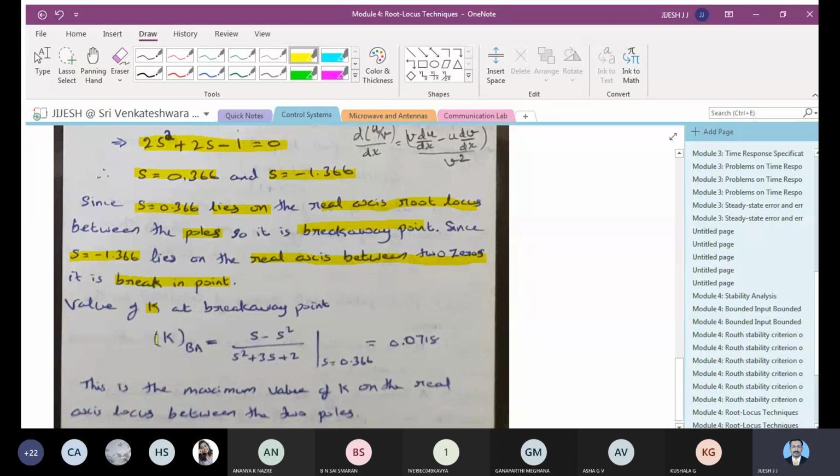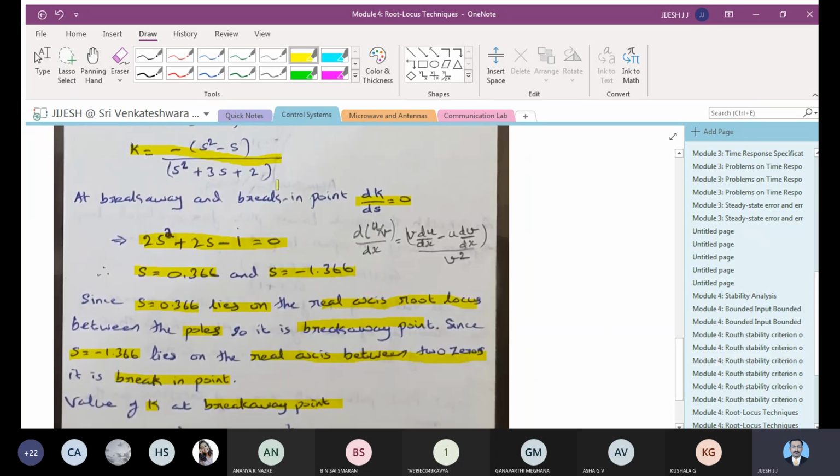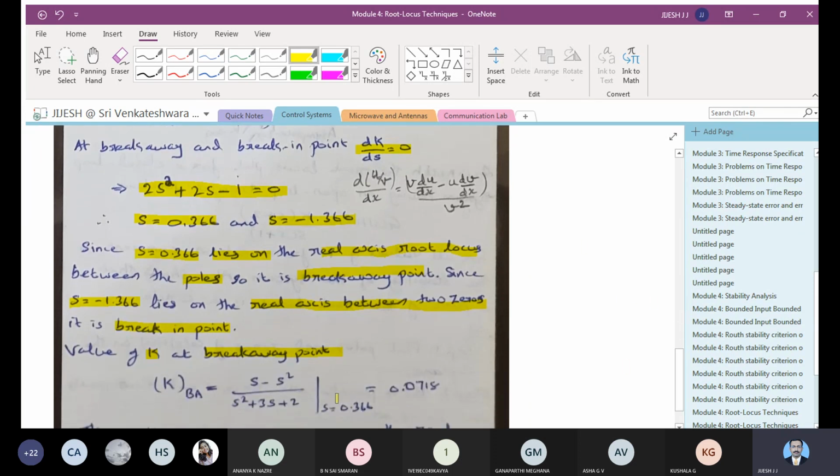Now you are going to find out the value of K at the breakaway point. How to do that? You take this equation, K equal to minus of (s square minus s) divided by (s square plus 3s plus 2). Use that equation and substitute s equal to 0.366 to get the value of K at the breakaway point.